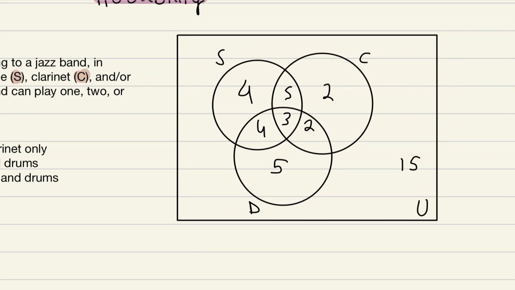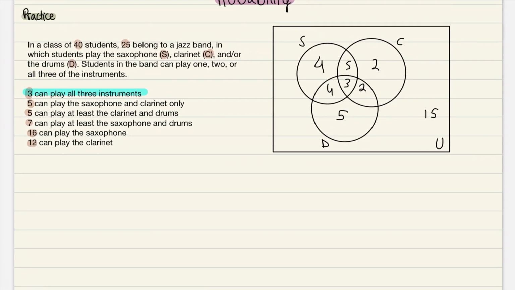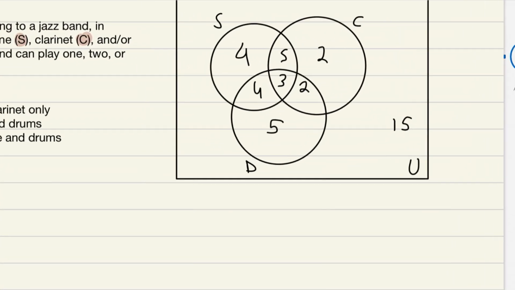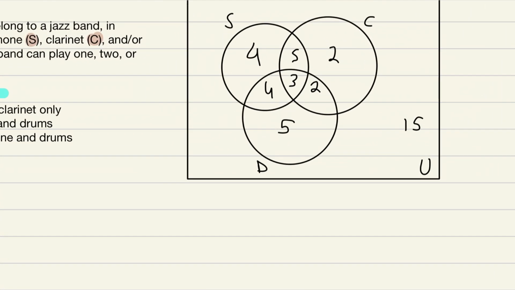So this is the proper Venn diagram for this description. Now we need to find the number of students who play the drums only. So from the Venn diagram we can clearly see that the people who only play the drums are 5 people. So the number of people would be 5.